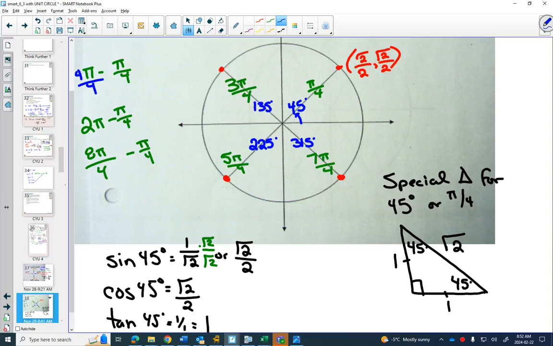And the length is going to be exactly the same as well, except this time, instead of going root 2 over 2 to the right, I'm going to go root 2 over 2 to the left. So if all of those values are the same, does it make sense that now my x-coordinate would be negative, but my y-coordinate would still be positive?